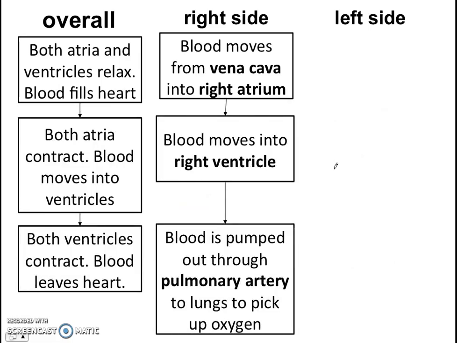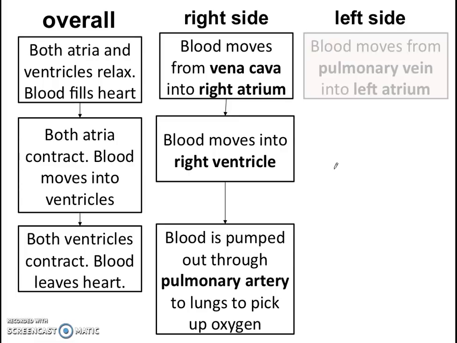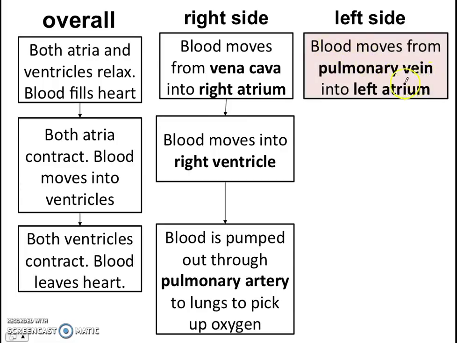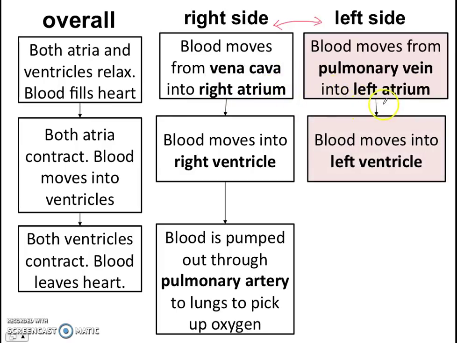Okay, so in your overall diagram here, on the left side, blood moves from the pulmonary vein into the left atrium. Okay, so these two events here on the right and the left side, they're actually taking place at the same time. So as blood moves into the left atrium, blood is also moving into the right atrium. Right, then after that, on the left side, the left atrium contracts.